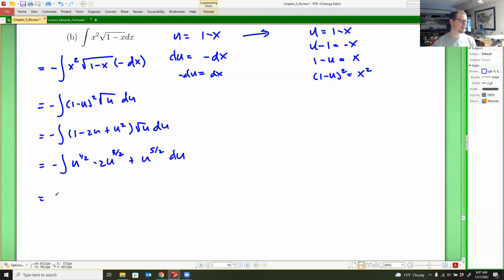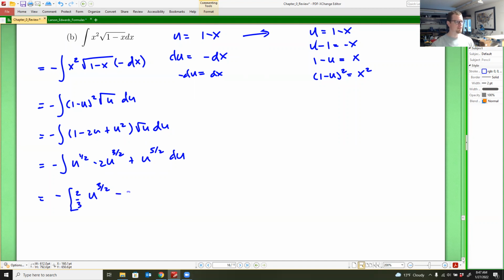So this is going to give me the negative of, all right, u to the 1/2, I'm going to increase the power by 1. So that's going to be 3/2, but the coefficient needs to change a little bit. So I increase the power by 1 and I multiply by the reciprocal 2/3. That way, when I take the derivative, 3/2 times 2/3 gives us back the 1.